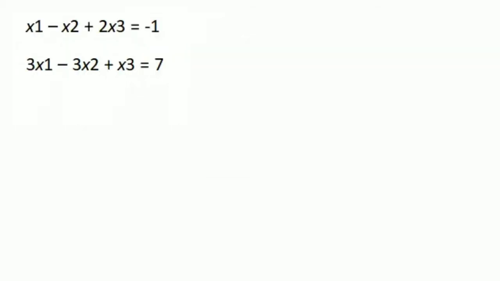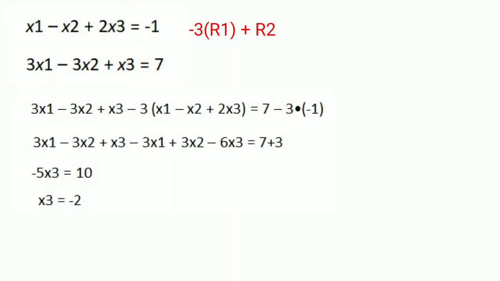In these equations, we will multiply the first equation by -3 and add it to the second equation. So we will have 3x1 minus 3x2 plus x3 minus 3 multiplied by (x1 minus x2 plus 2x3) equals 7 minus 3 multiplied by -1.